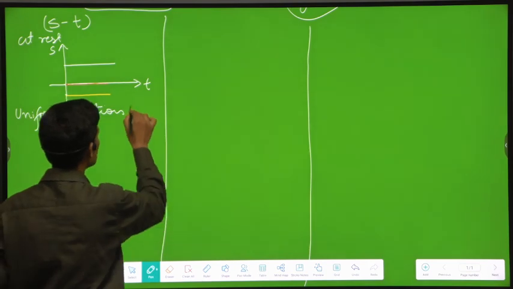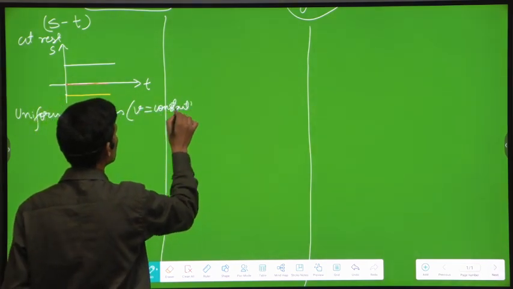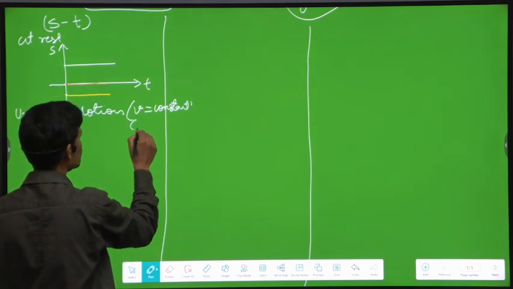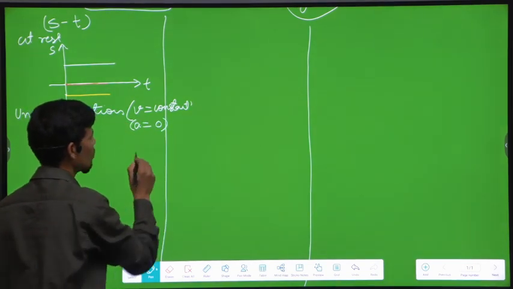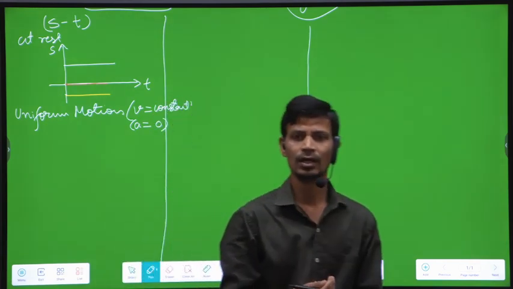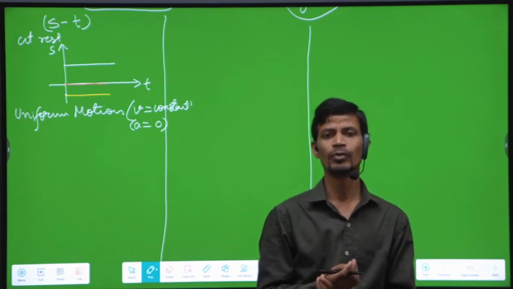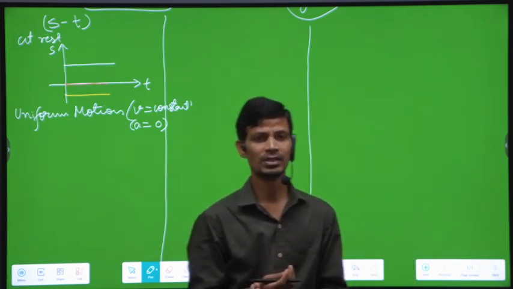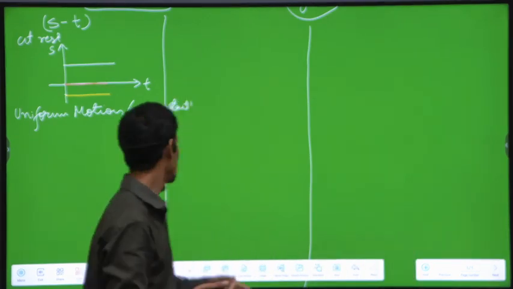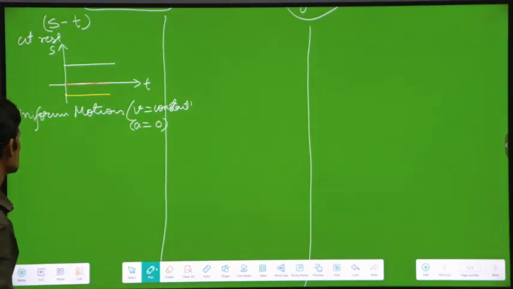Then comes the case of uniform motion, in which velocity remains constant. And if velocity is constant, then acceleration is zero. Remember this thing. We generally explain uniform motion as motion in which equal distances are covered in equal intervals of time. Actually, velocity is constant, acceleration is zero.